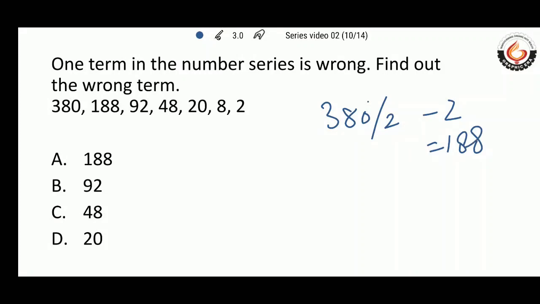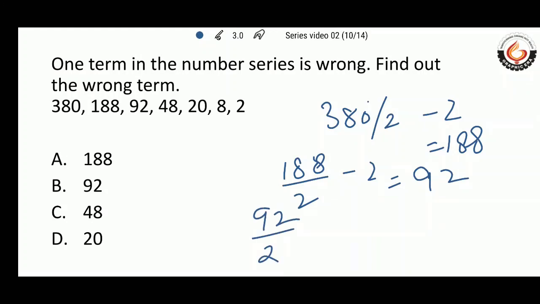If I again divide 188 by 2 and minus 2, it will be 94 minus 2, 92. If I again divide 92 by 2, that is 46 minus 2, it should be 44. But the number is 48.